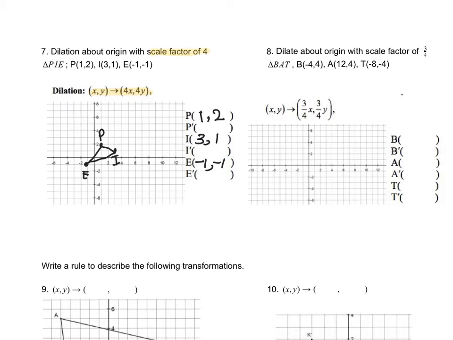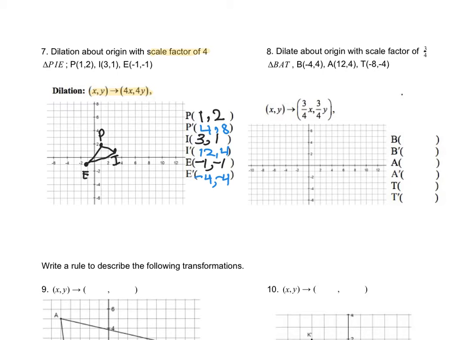Now when I apply the dilation of 4, I'm going to multiply each coordinate by 4. So 1, 2 becomes 4, 8. When we multiply 3, 1 by 4, we get 12, 4. And when we multiply -1, -1 by 4, we get -4, -4.